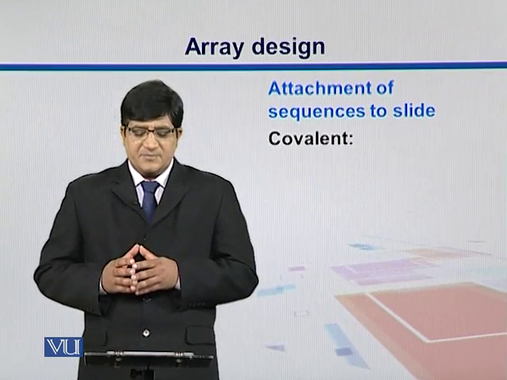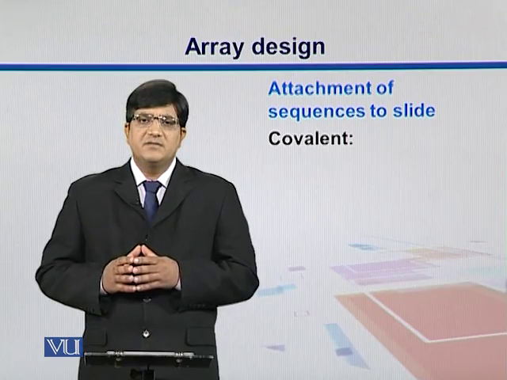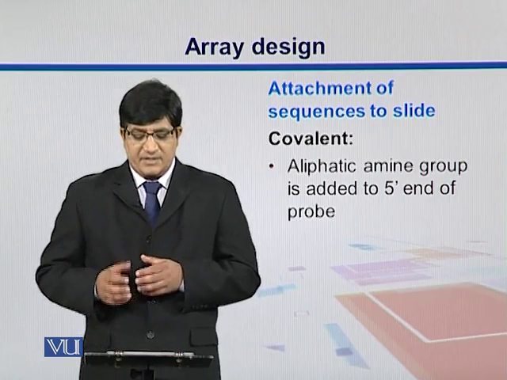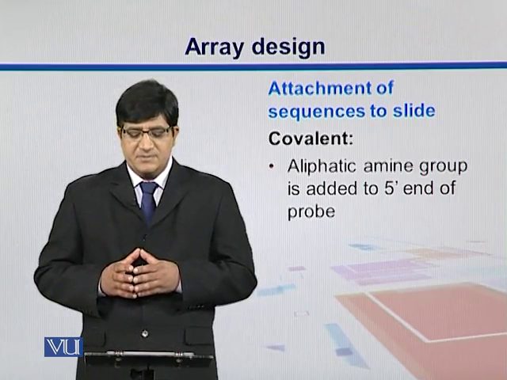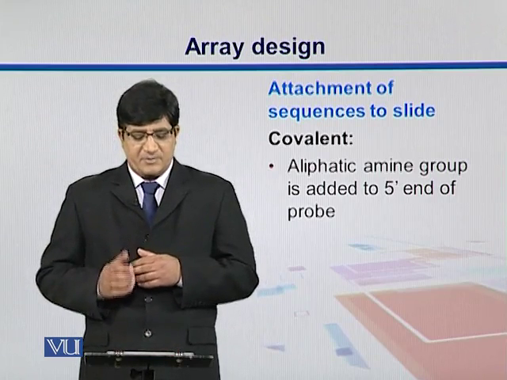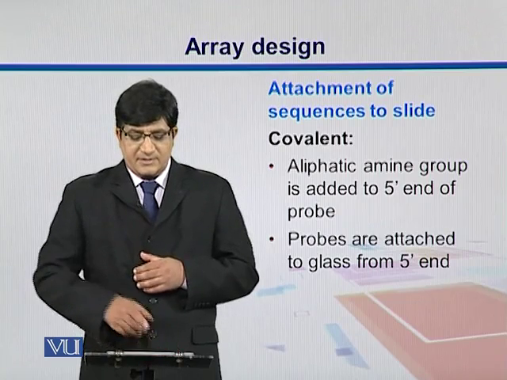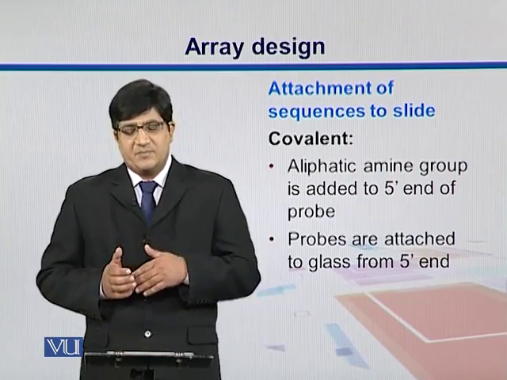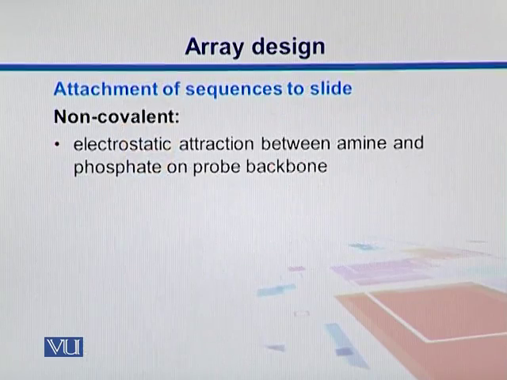Let's talk about the attachment of those sequences to the slides. One way is that they are attached covalently. We can have aliphatic amine groups added to the 5' end of those probes, and then those probes are attached to the glass from those 5' ends using these groups.